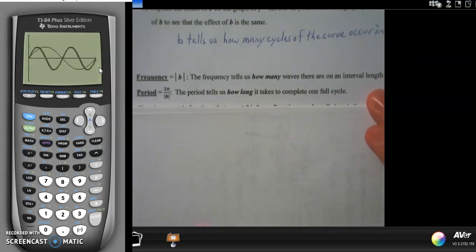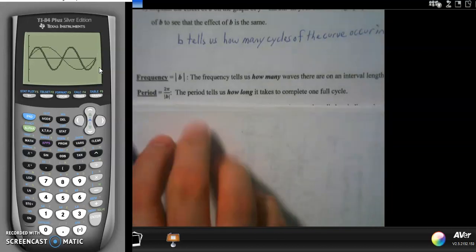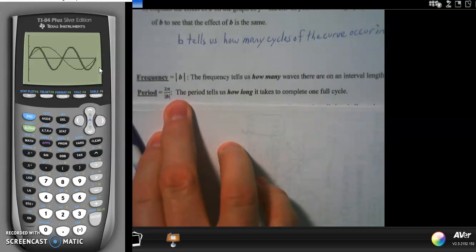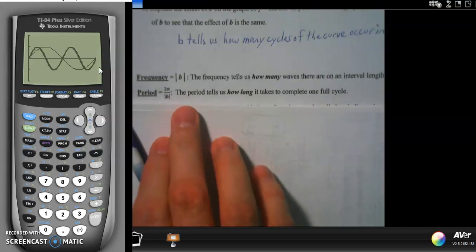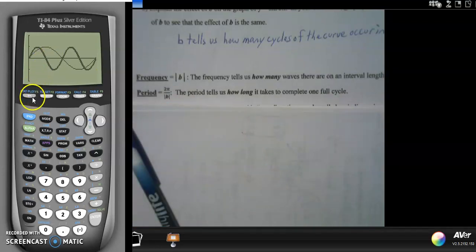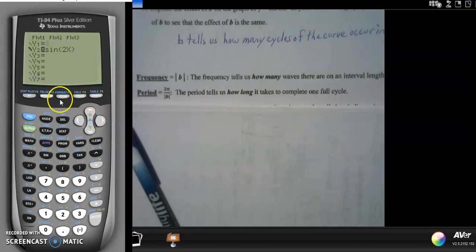If we only wanted to see one full cycle of sine of 2x, we would have to go just half the distance, from 0 to pi. I'll show you what I mean by that. I'm going to change my window, so I'm going to graph sine of 2x. Remember, right now, from 0 to 2 pi, there are two full cycles.